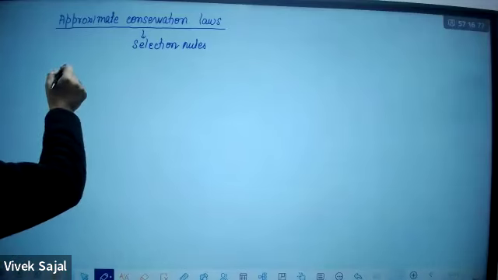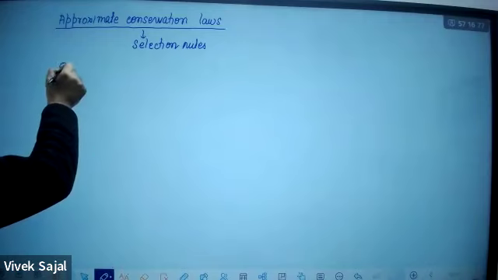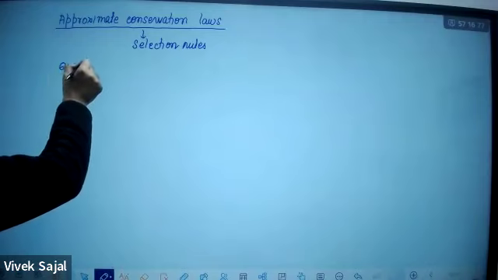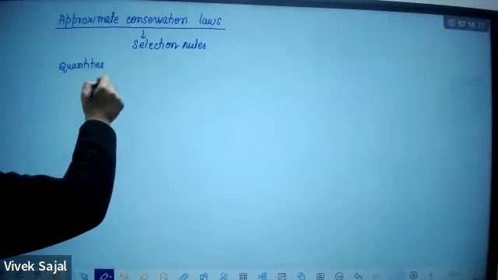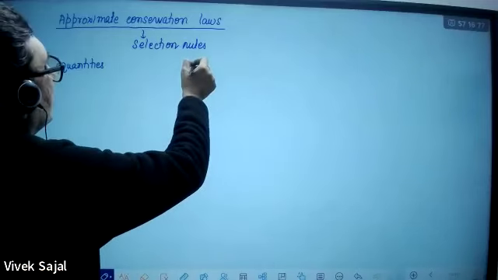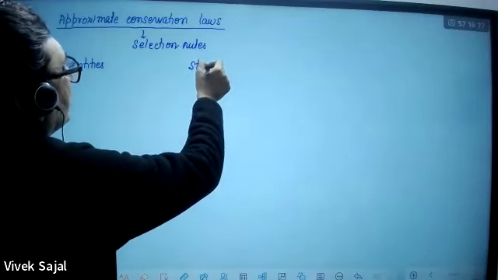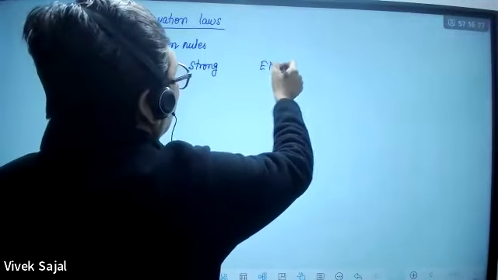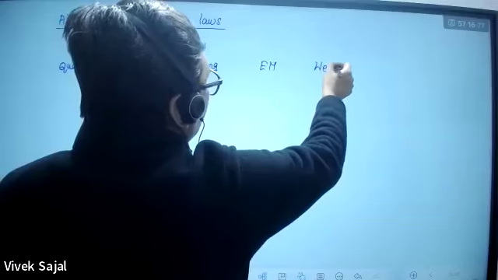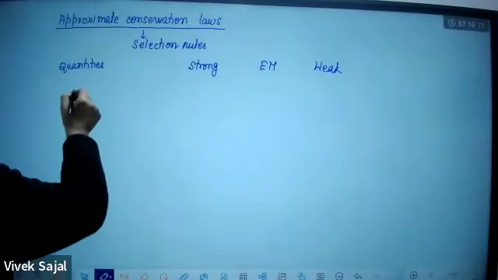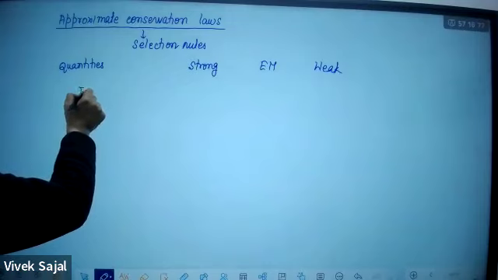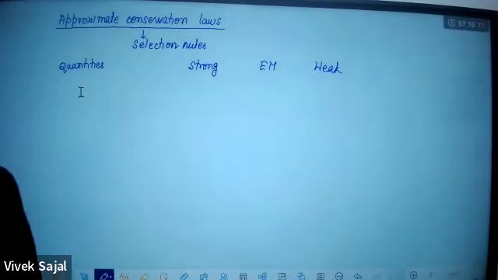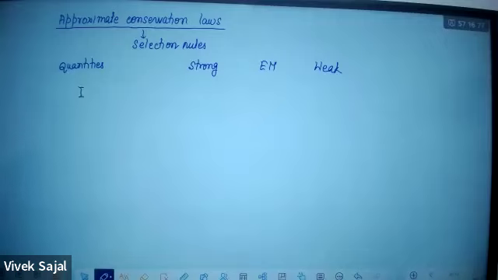So here I am writing quantities, then strong interaction, then electromagnetic, and last, weak interaction. First is I, isospin.